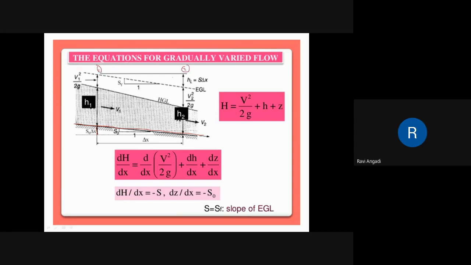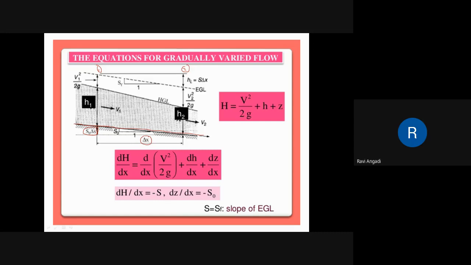If you take the distance between these two as delta x, then for one horizontal, the vertical is SO. So for delta x horizontal, the vertical will be S into delta x.